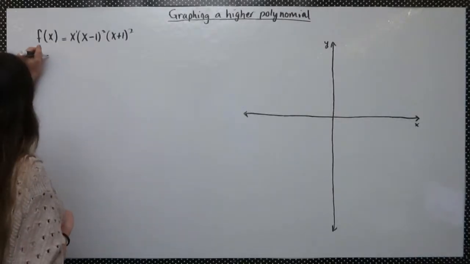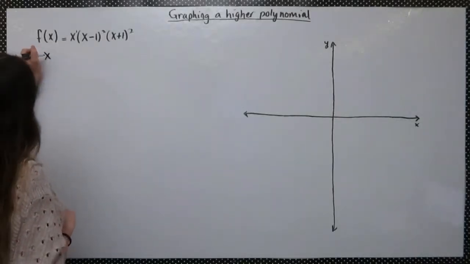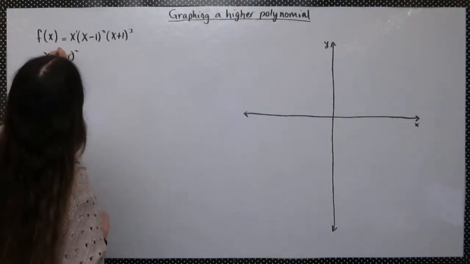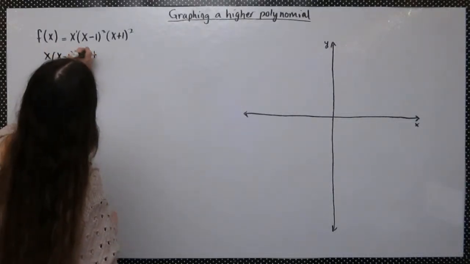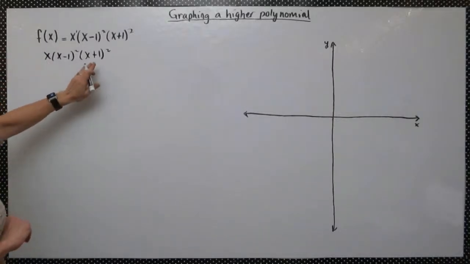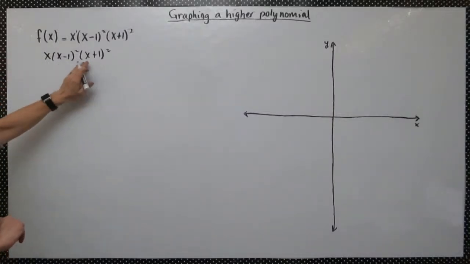Then we'll take the polynomial, I'll just say x times x minus 1 quantity squared times x plus 1 quantity squared. And then I'm going to systematically expand this.